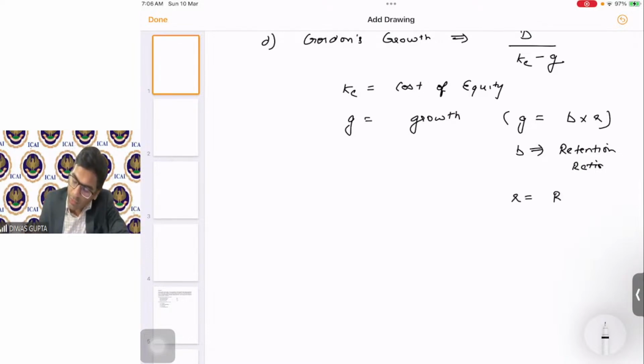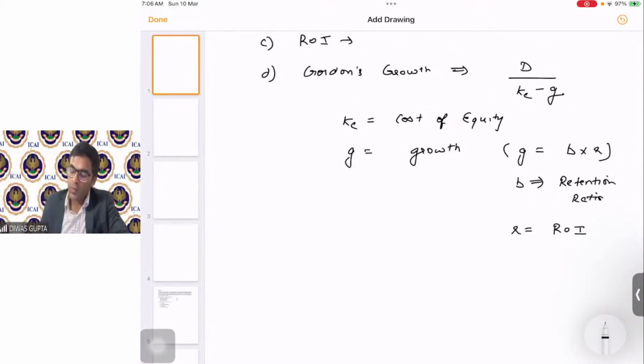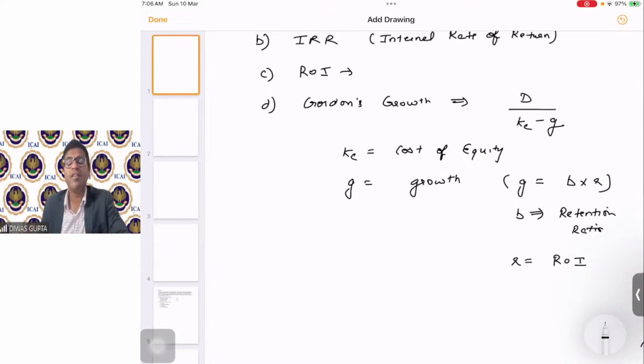R is equal to ROI, return on investment, that we discussed above. So, using this, we were trying to find out the price of the shares, or the value of the company. Correct? So all these things will be used.